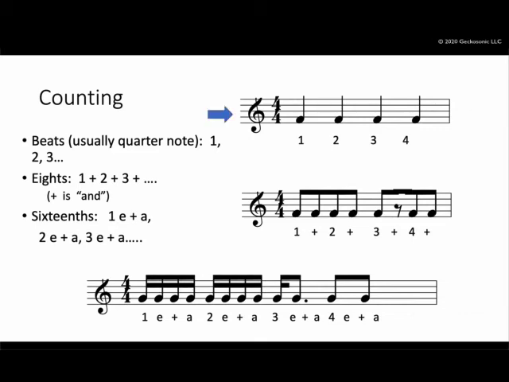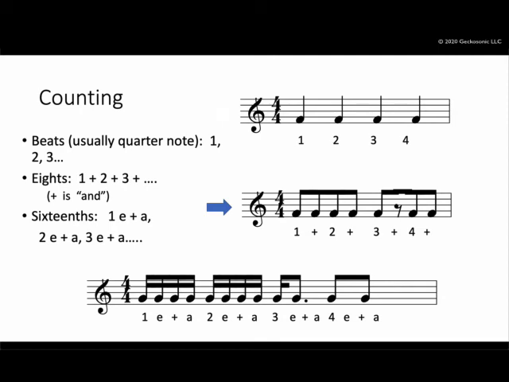In this first case where we're seeing quarter notes, well, we know kind of from figuring out the pulse of the measure that we count 1, 2, 3, 4. And that's fine for quarter notes.